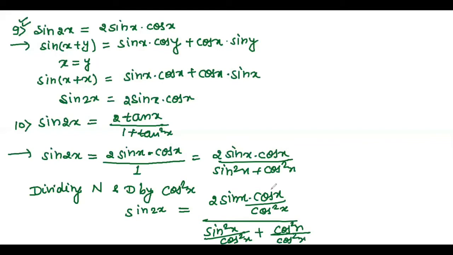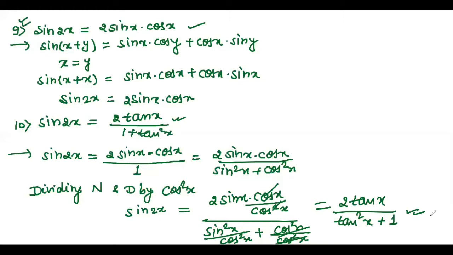So finally here we have 2 sine x by cos x, that is 2 into sine x by cos x, that is tan x, 2 tan x by sine square x by cos square x, that is tan square x, and here it is 1. So we are getting this value. So here we are getting two identities: sine 2x equals 2 sine x into cos x, and sine 2x equals 2 tan x by 1 plus tan square x. You have to remember it.